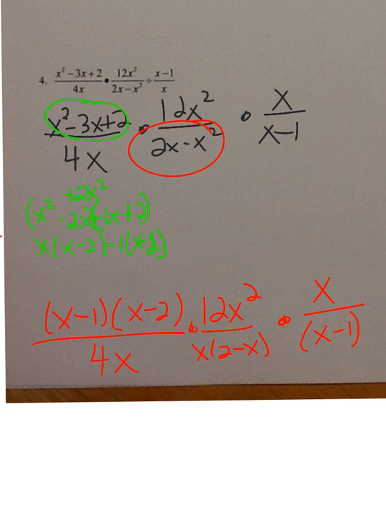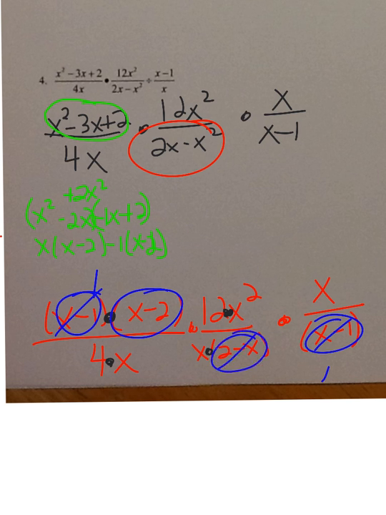All right, so now we will reduce. So let's see, there's multiplication here, in between x minus 1 and x minus 2, in between 4 and x, in between 12 and x squared, in between x and 2 minus x, and that's it. So let's reduce. x minus 1 and x minus 1 reduce to 1 and 1. x minus 2 and 2 minus x reduce to negative 1.